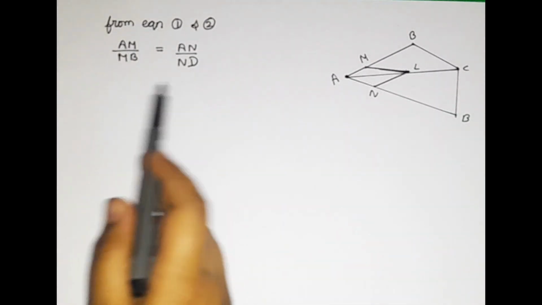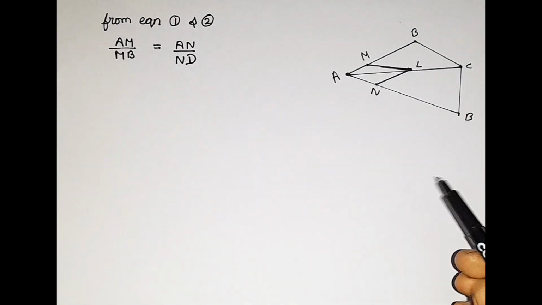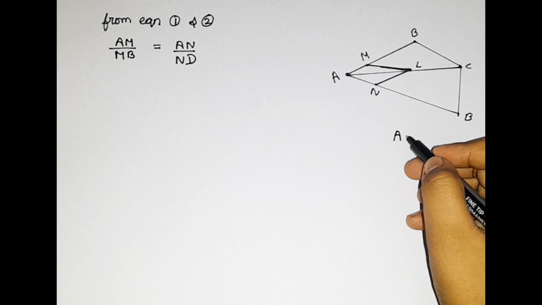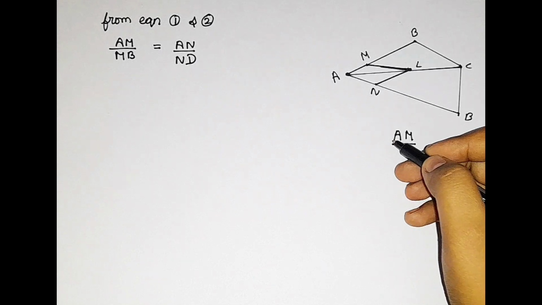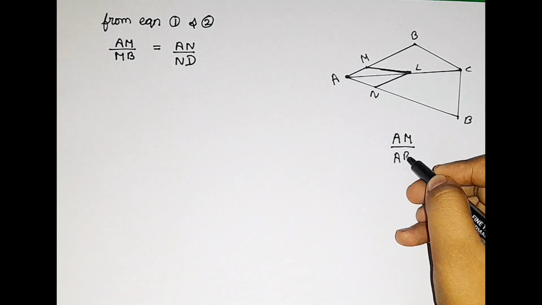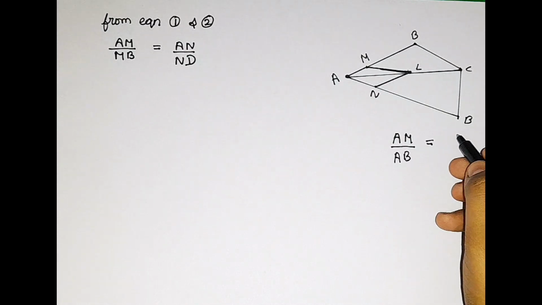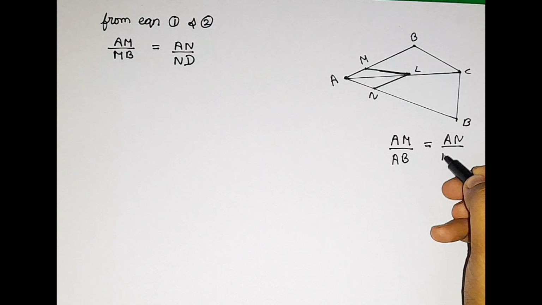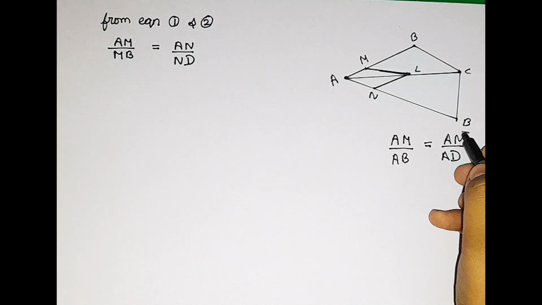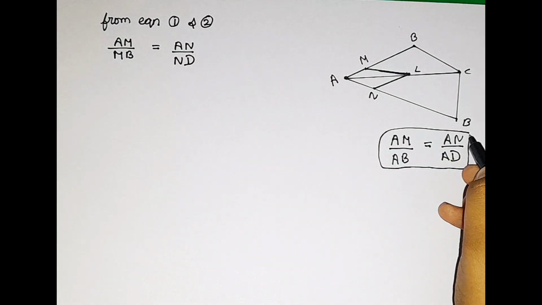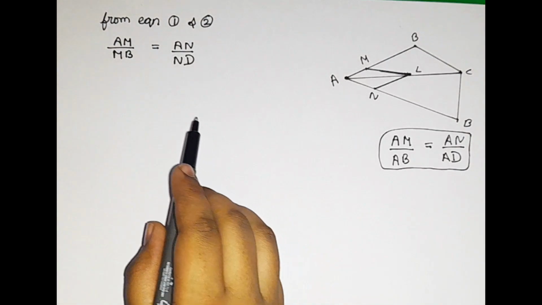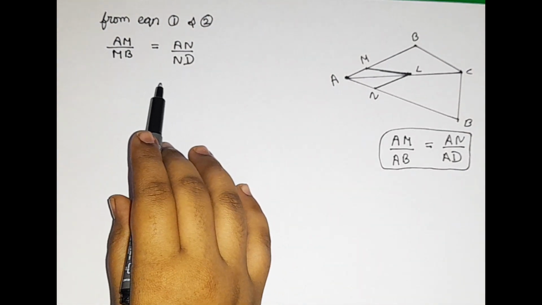This is what we got, but we are supposed to prove, so I'll write it here: AM by AB is equal to AN by AD. According to the question, we are supposed to prove this one. But when we compare to the answer we got right now, it is completely different.